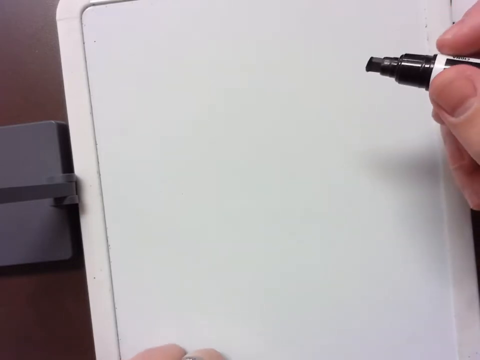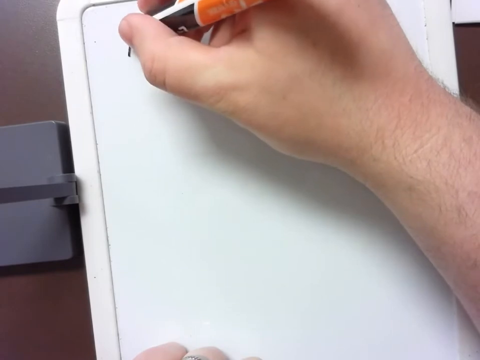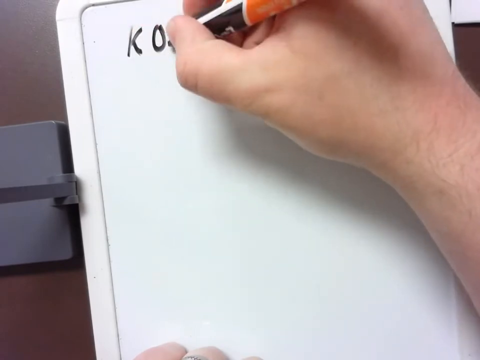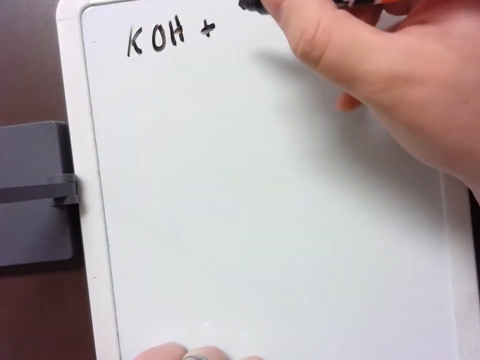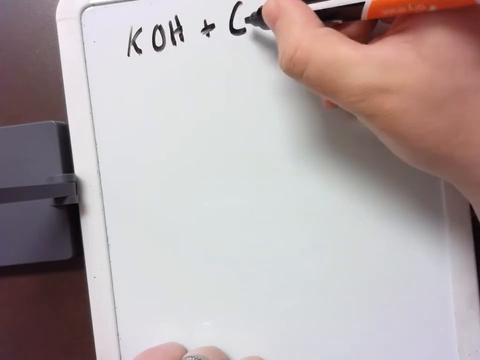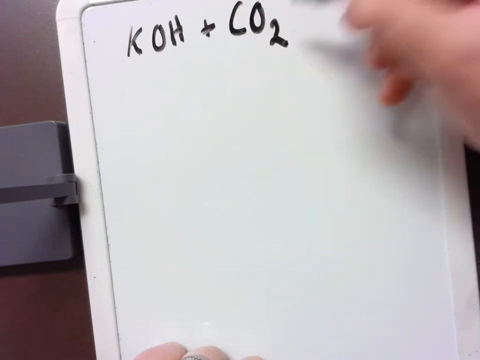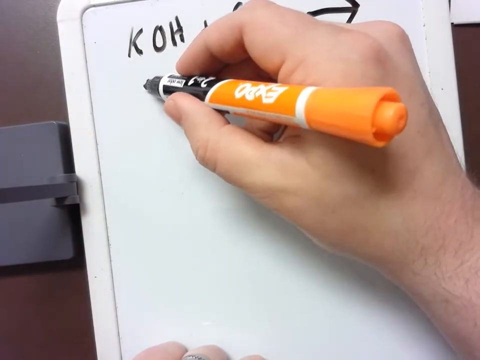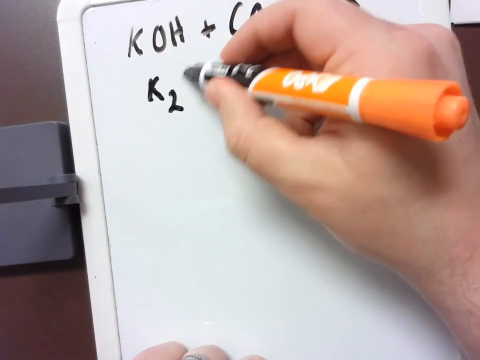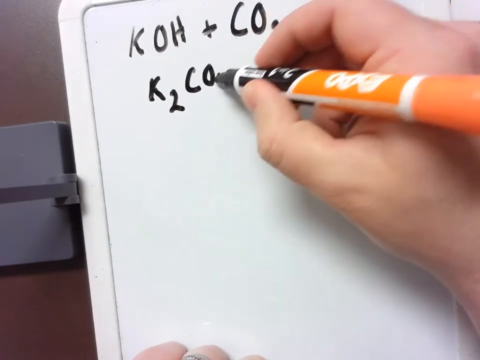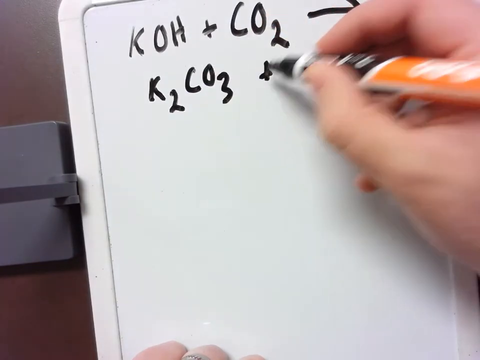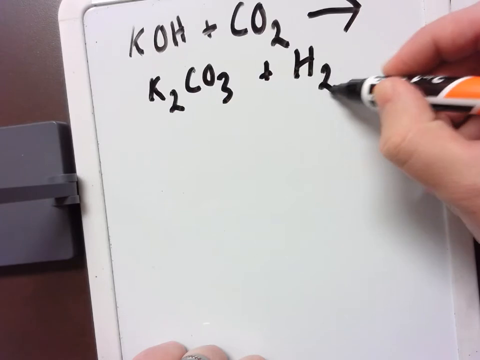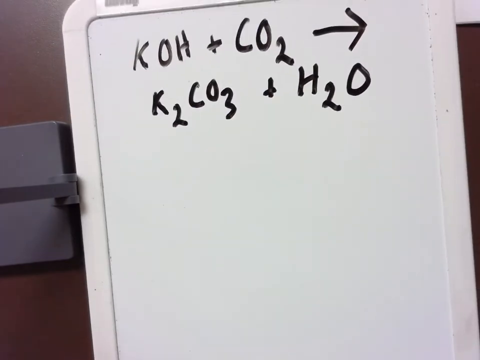So it is KOH plus CO2, and that turns into K2CO3 plus H2O. All right, that's what our original is.